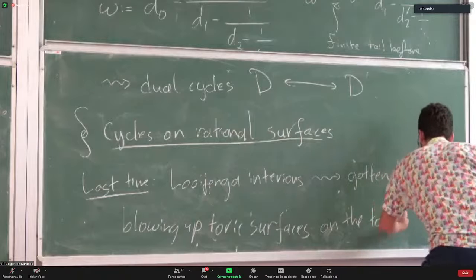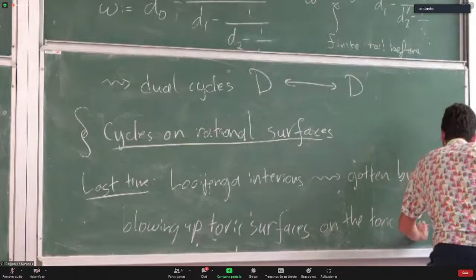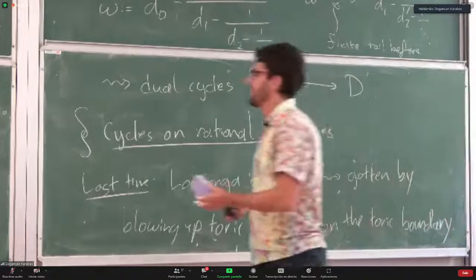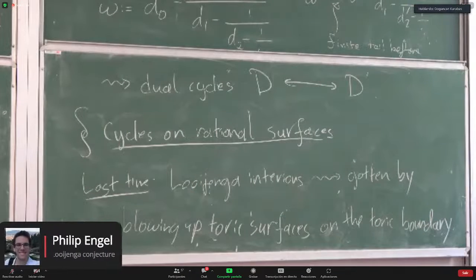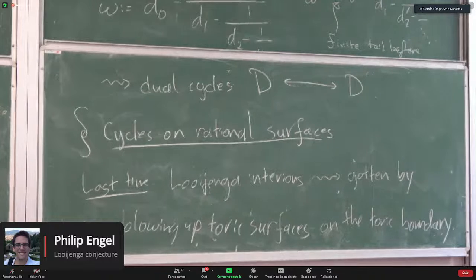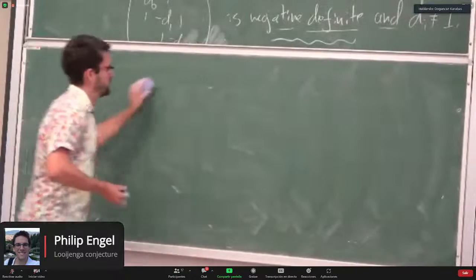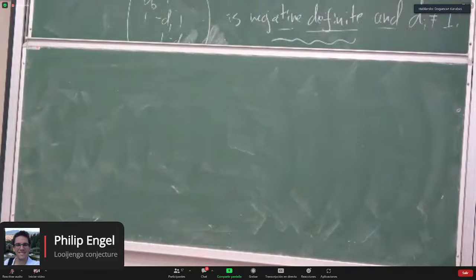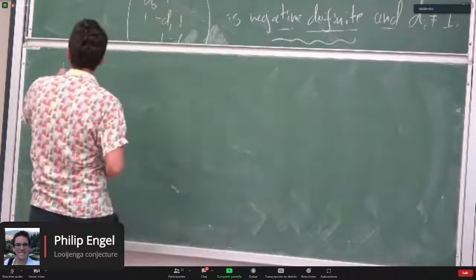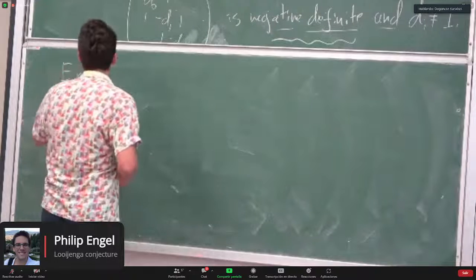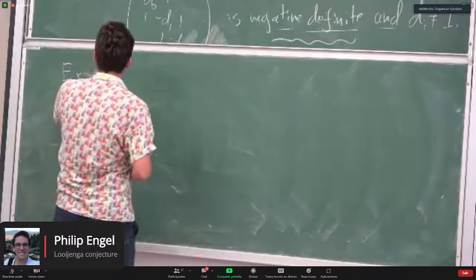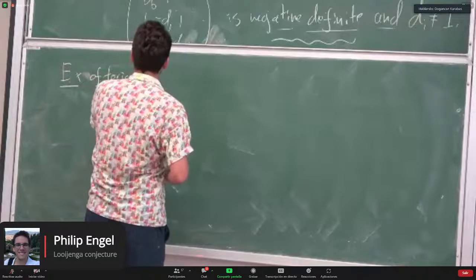If you know what that is, that's great. If you don't, let's just think of a toric surface as CP2 and the toric boundary as the vanishing locus of XYZ. So maybe I'll give just a couple examples of toric surfaces.